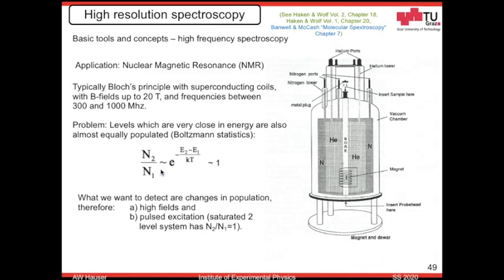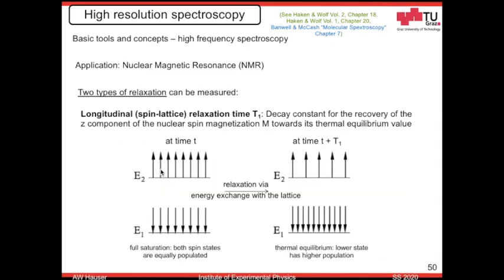Now, what are we actually measuring? There are two types of relaxation that are interesting to us. The first one is the longitudinal or spin lattice relaxation time T1. So this is shown in these pictures here, left and right, at first at time t and then at time t plus T1.